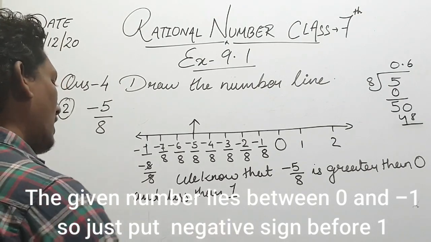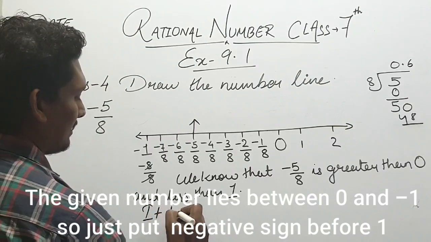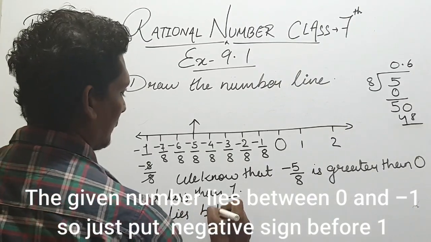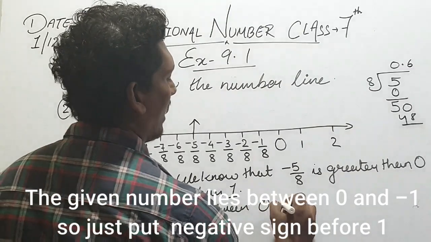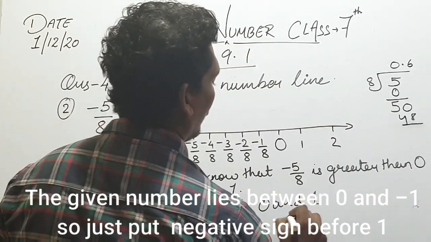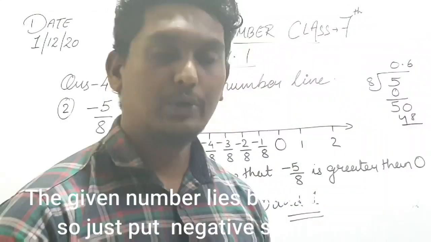So it lies between 0 and -1. Okay, hope it is clear to you. Just go through it.